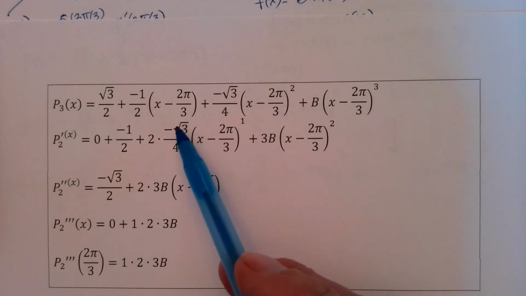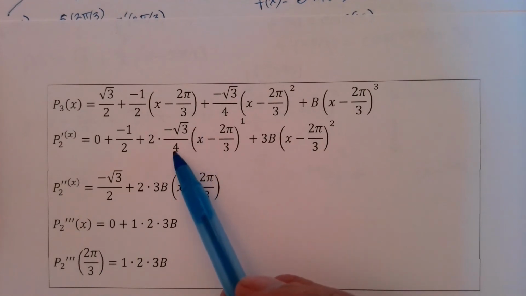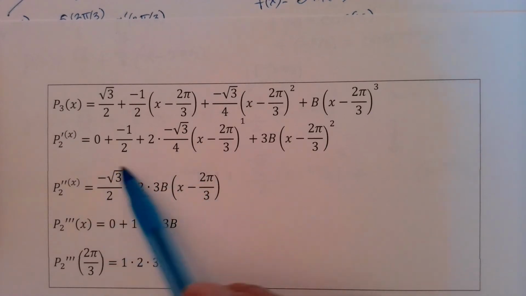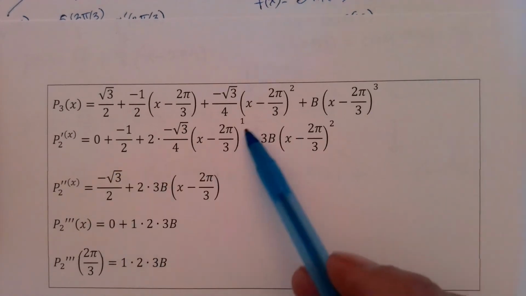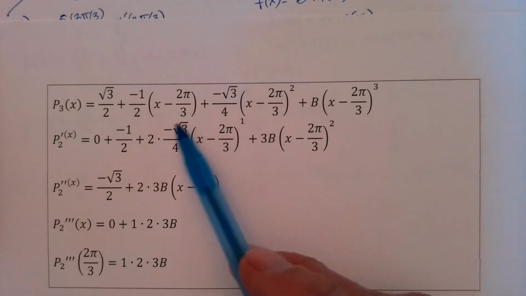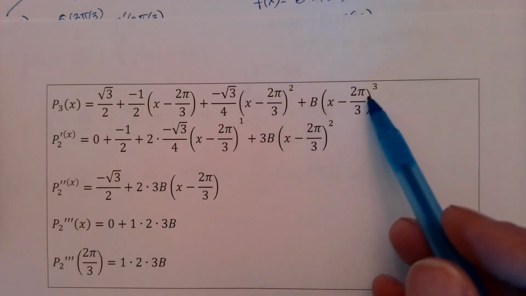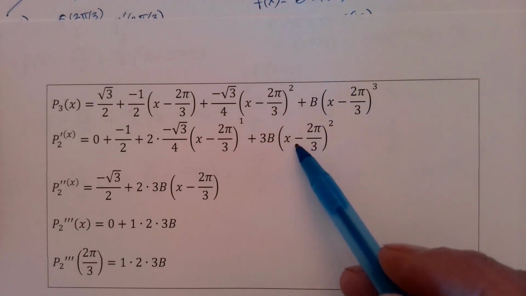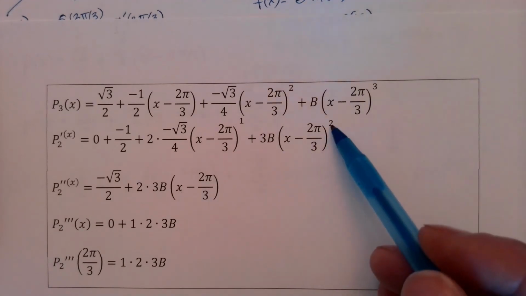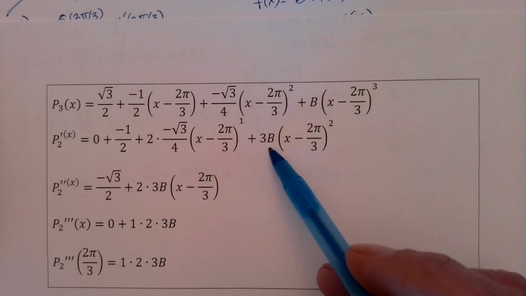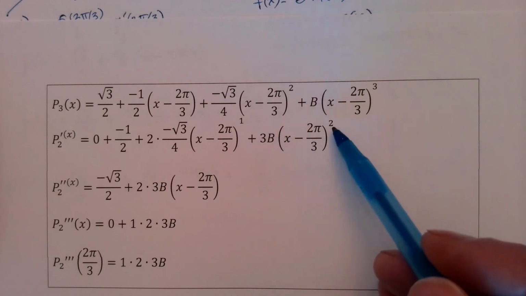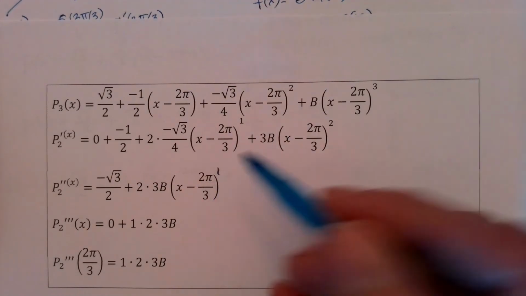This, which is really negative root 3 over 2, becomes the derivative of that term, because that's a linear term, and it has a derivative of 1 times its coefficient. And now this term, which was cubic and is now quadratic, and we're going to the second derivative, we're going to multiply 2 times 3 times b, and then lower the power to 1. So that would look like this. You can put a 1 here if you want.